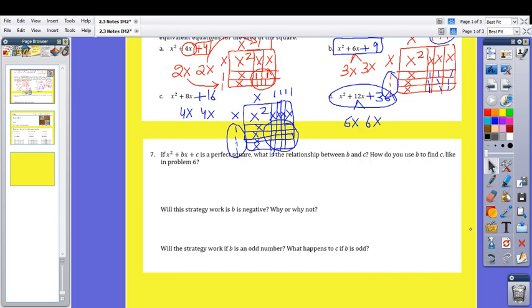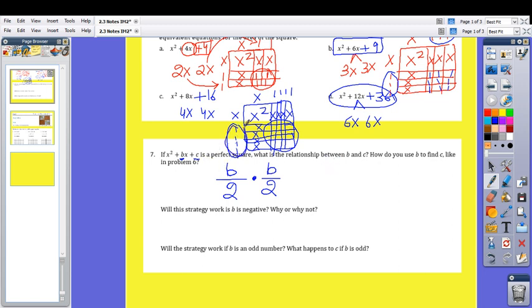Now it is asking what is the connection between the b and the c here. So what we figured out is if we split b in half, so we can say b divided by 2. And then whatever number you get from b divided by 2, if you multiply that by itself, that gives you c.